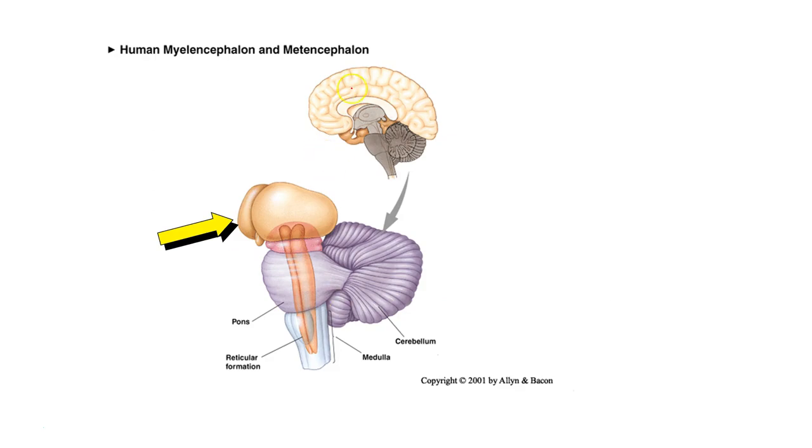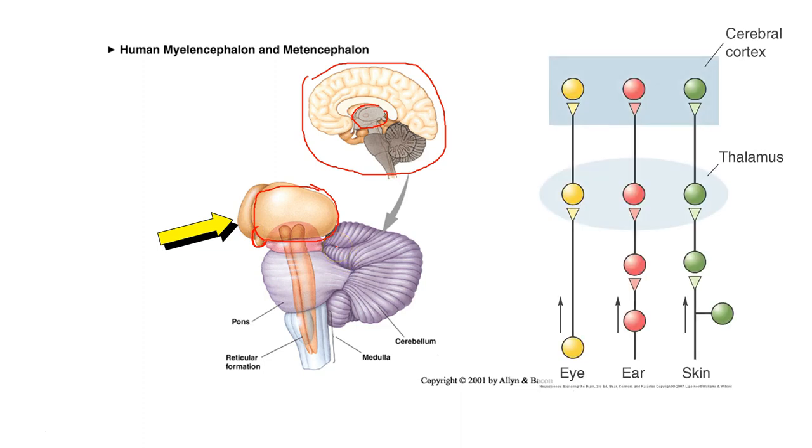So again, just to give you an idea, this is a mid-sagittal plane of the brain. So the brain has been sliced right down the middle, and you get a nice view of the thalamus and hypothalamus. The thalamus is shown here in brown, and peeking through is the end of the hypothalamus.